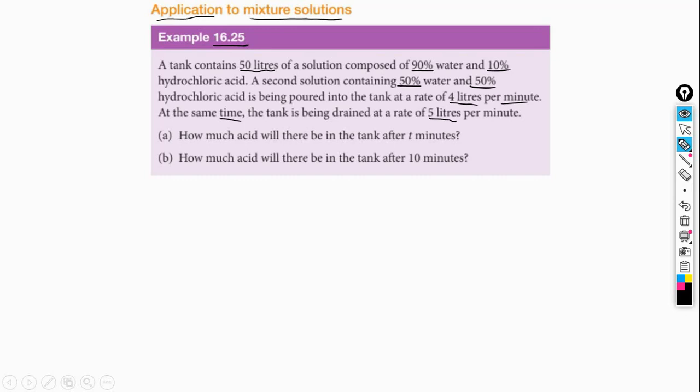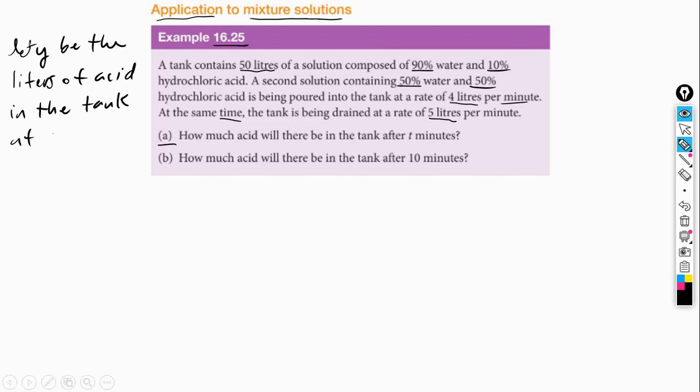minute. Part A. So the hardest part of these problems with mixture solutions is determining the equation. But let's say that we let y be the liters of acid in the tank at any time t.